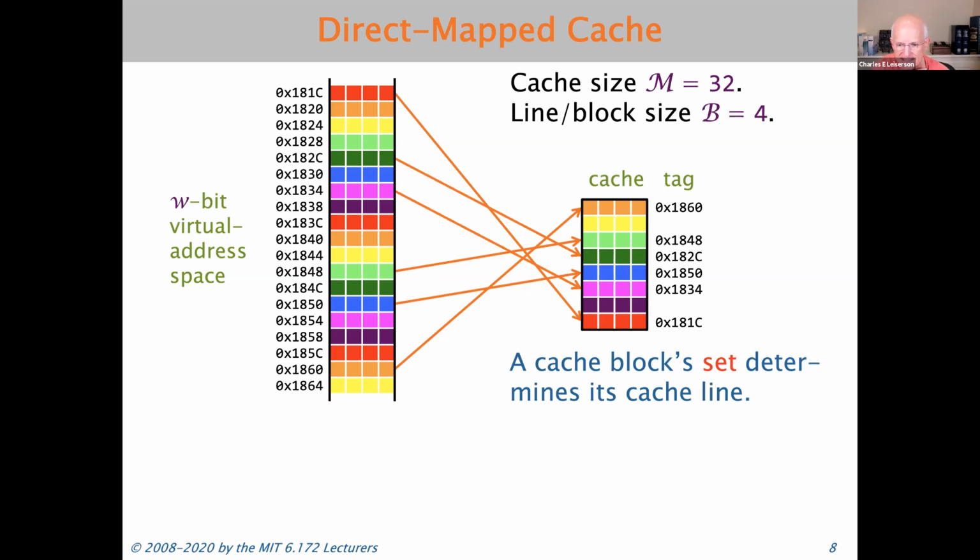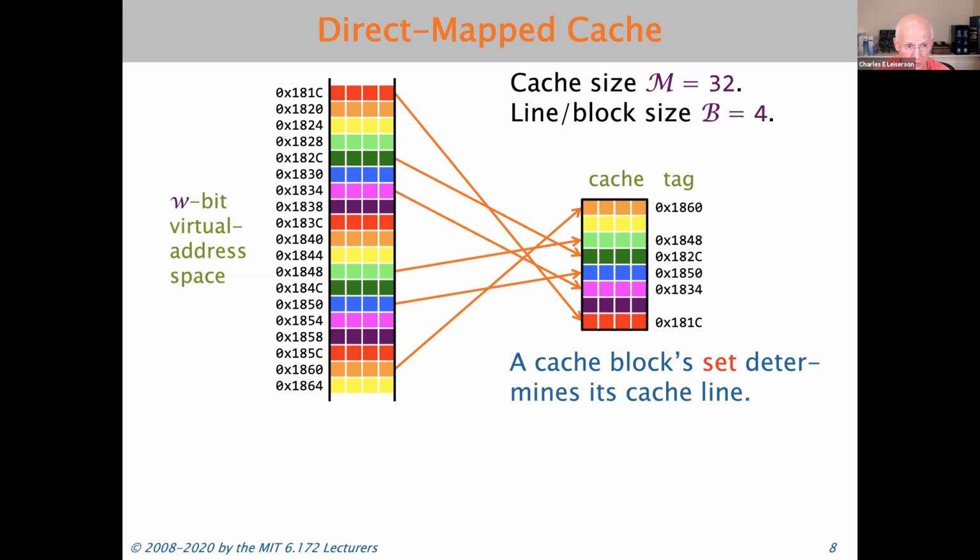All of the same colored virtual memory blocks form what's called a set. Each block in the red set maps only to the red cache line in a direct mapped cache, and each block in the orange set maps only to the orange cache line, and so forth.